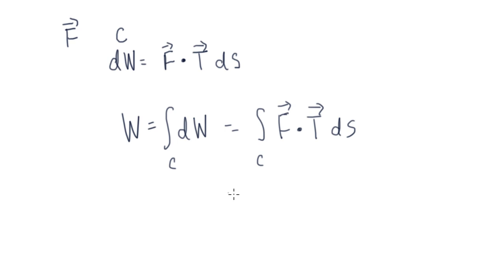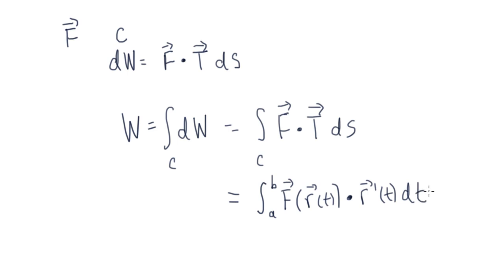So what we really mean is the particle moving from time equals a to time equals b. And this is where we fill in: we compose the vector field with the position of the particle, and then we do a dot product with the derivative, and that's dt.